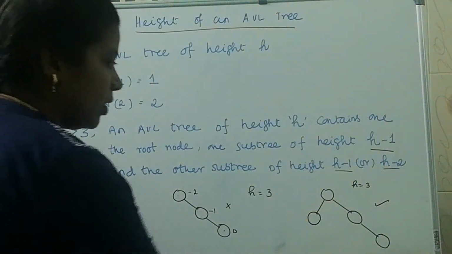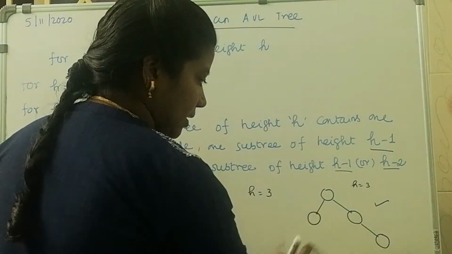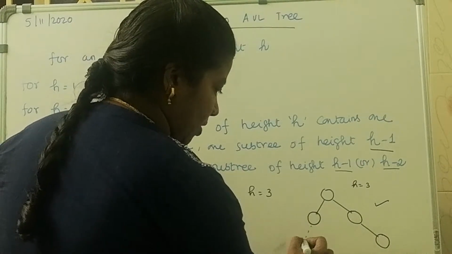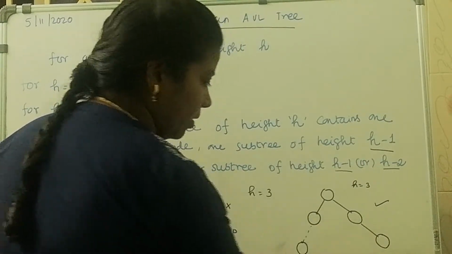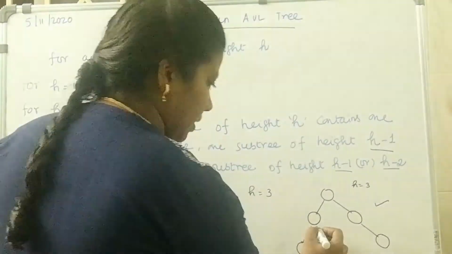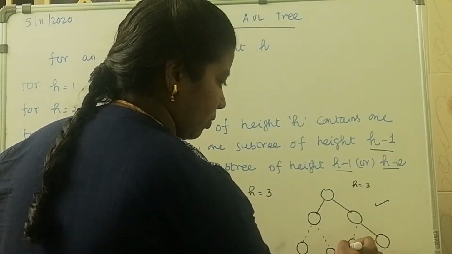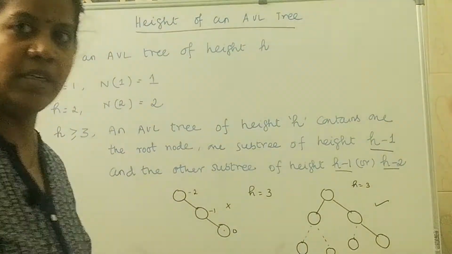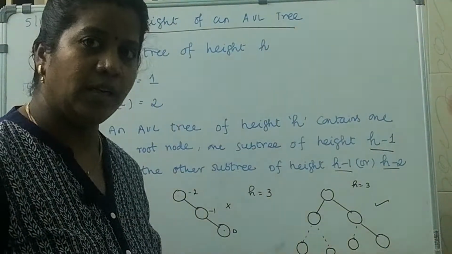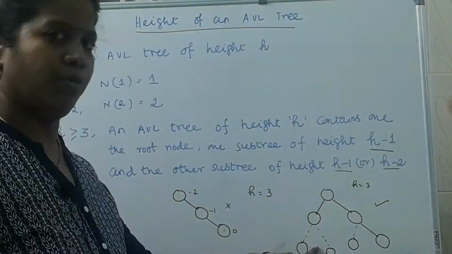Why? Because at this node I can also fill one more node, here also I can fill one more node, and here also. But that would be an AVL tree with the maximum number of nodes.